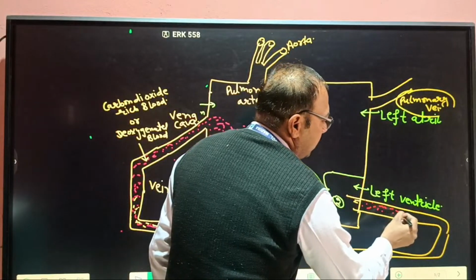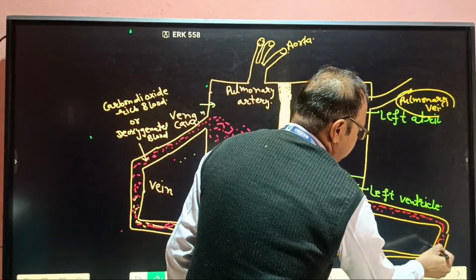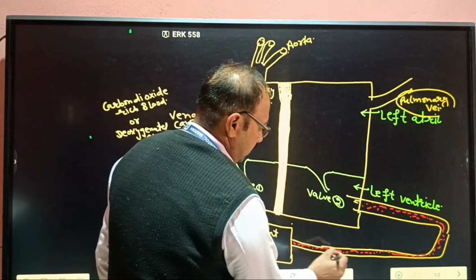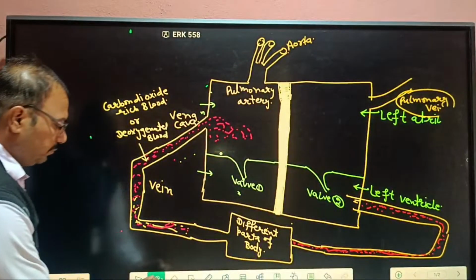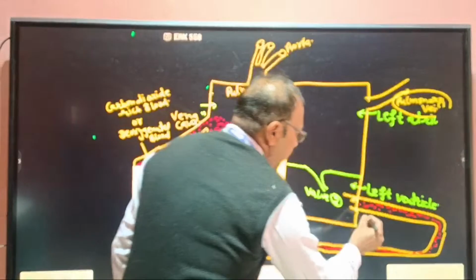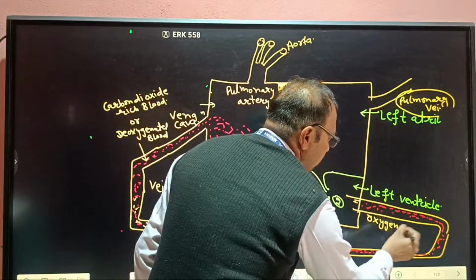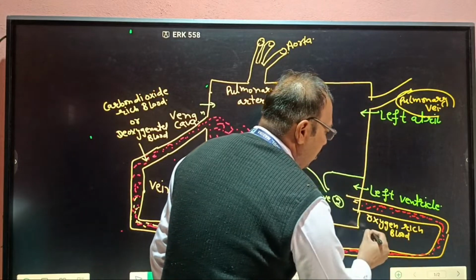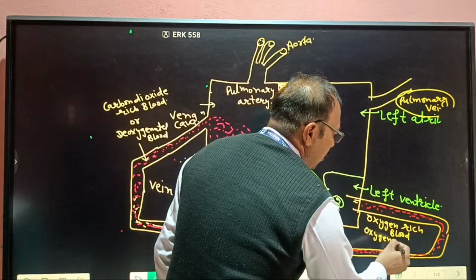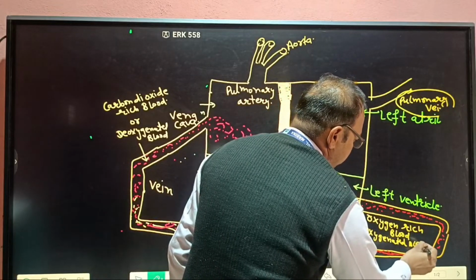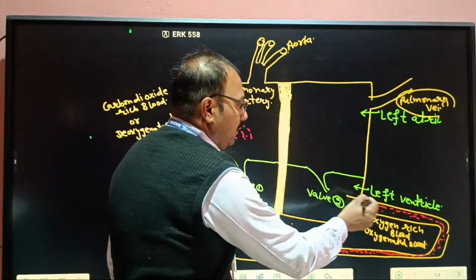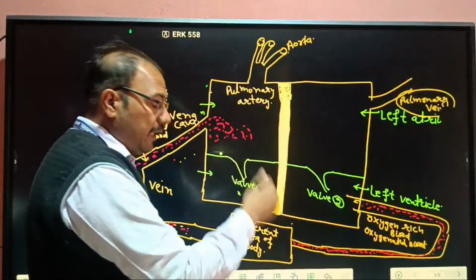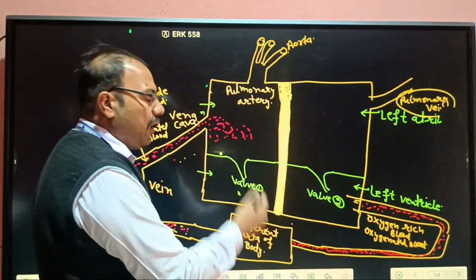Which type of blood does it contain? It contains oxygen-rich blood. So this is known as oxygen-rich blood, that is, oxygenated blood. Okay, so this is the left ventricle. What is the function of the left ventricle of the heart? It supplies oxygenated blood to the different parts of the body.